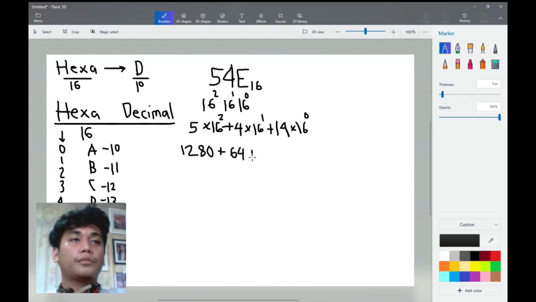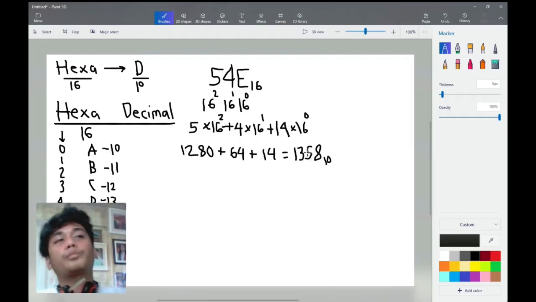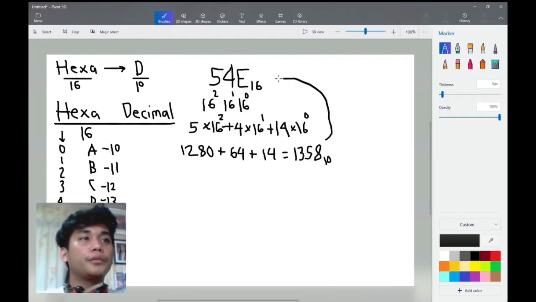We have 64 plus 14 times 16 to the power of 0. 16 to the power of 0 is 1. 1 times 14 is 14. So we have a total of 1358 base 10.